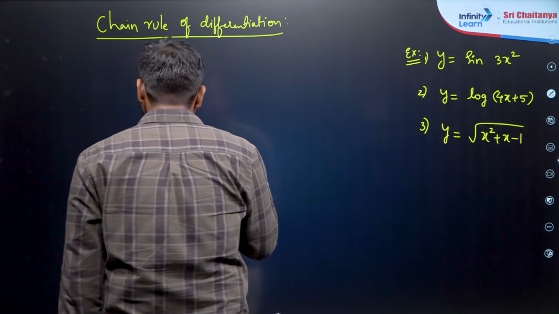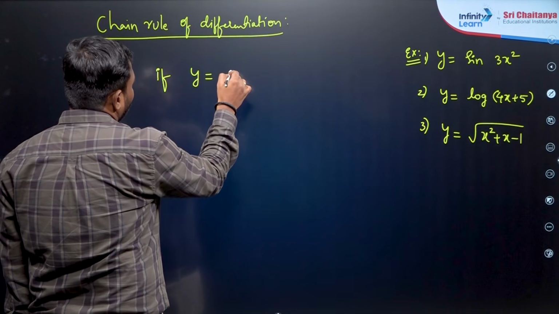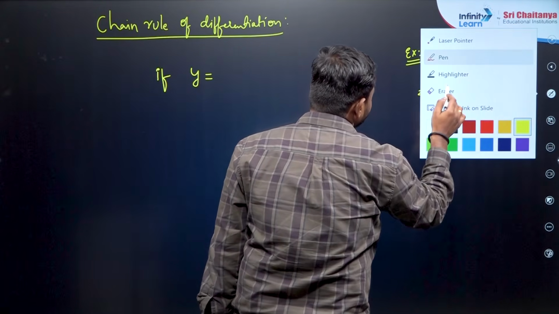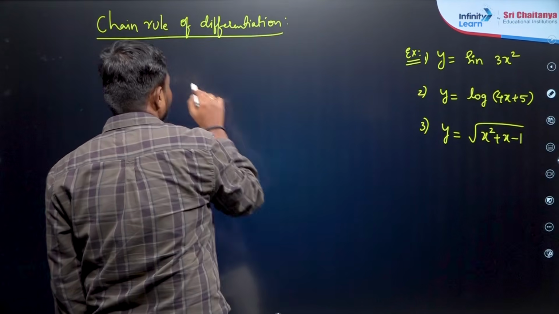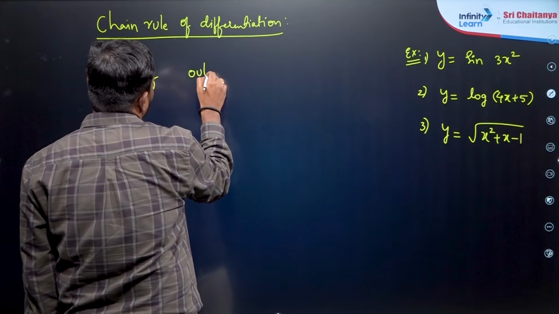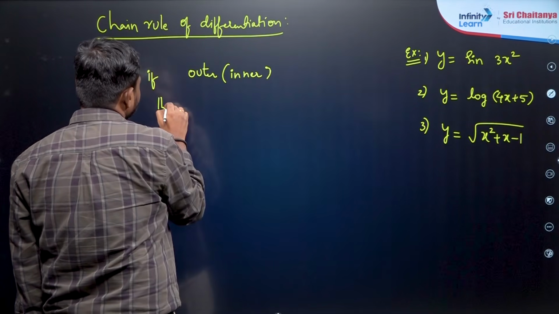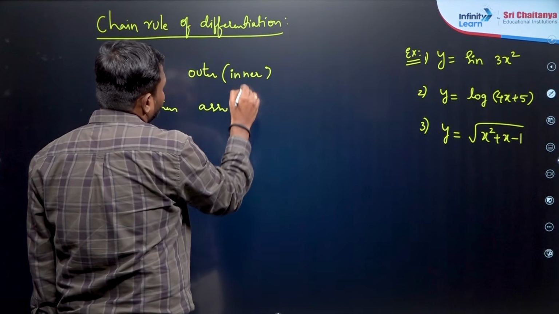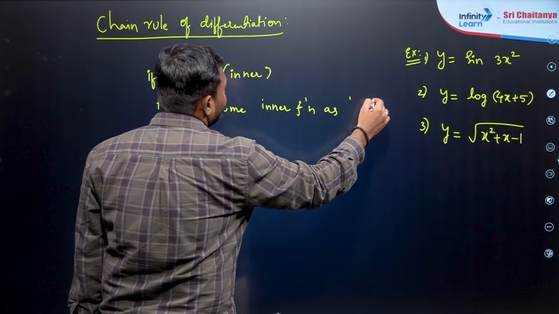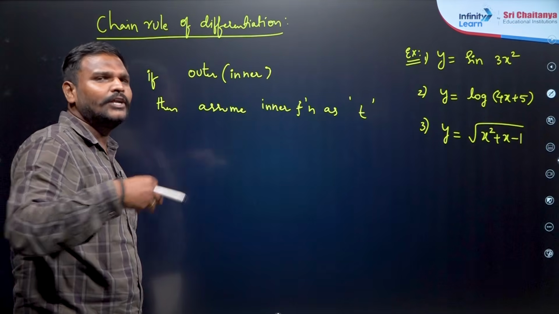Now, if y is equal to a function f of x, or there is a function inside another function, if there is an outer function as well as an inner function, then assume the inner function as a new variable t, or z or x, any new variable we have to assume.